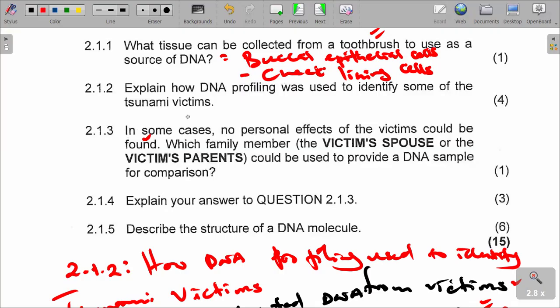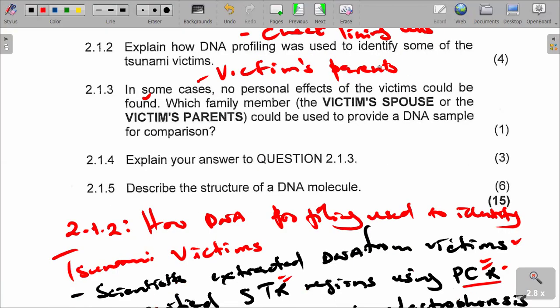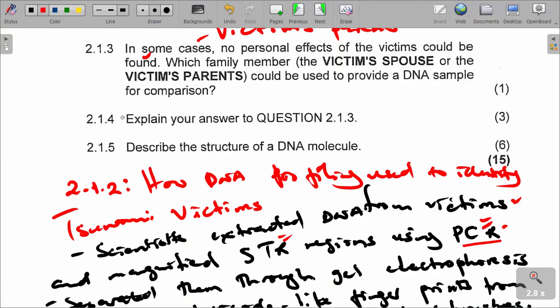In this case, we use the victim's parents, who are a possible source of DNA sample that can be used. So now explain your answer.